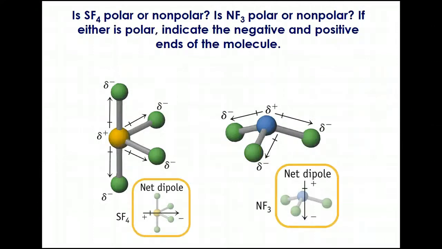I've got two examples here for you, SF4 and NF3. SF4 is going to have the 4 fluorine atoms that are going to be more electronegative than sulfur, pulling those electrons away. And with SF4, there are 34 valence electrons, 17 pairs.